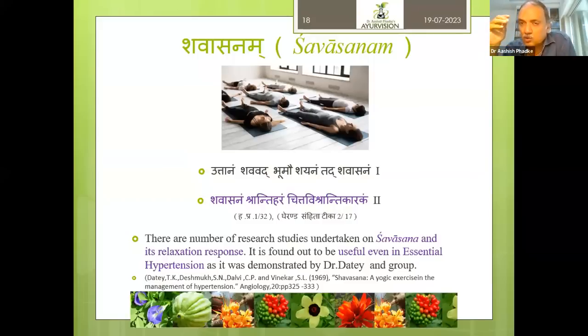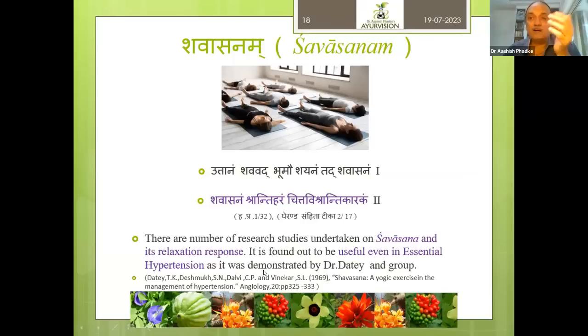So in those refractory cases, they tried this Shavasana in a specific way, with some Ayurvedic inputs with reference to diet and lifestyle, as mentioned in Dinacharya or Rutucharya. You can read the paper from Hypertension, that it has really helped in a great way. And this is the first paper in this direction by Dr. Date and Dr. Vinekar and Deshmukh and Dalvi.